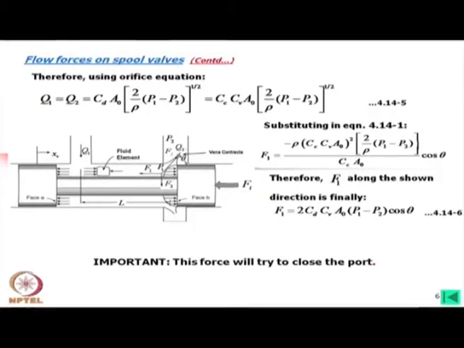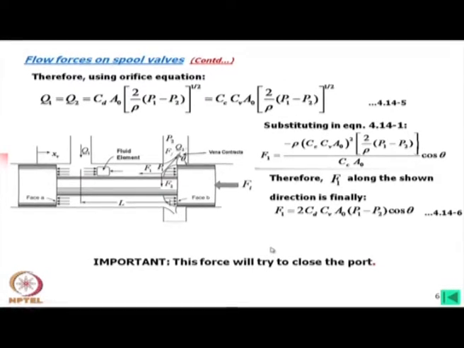Okay. But it is really not like that. The force component, from what we have mathematically analyzed, will in fact try to close the port. This force will act in this direction and it will try to close the port.